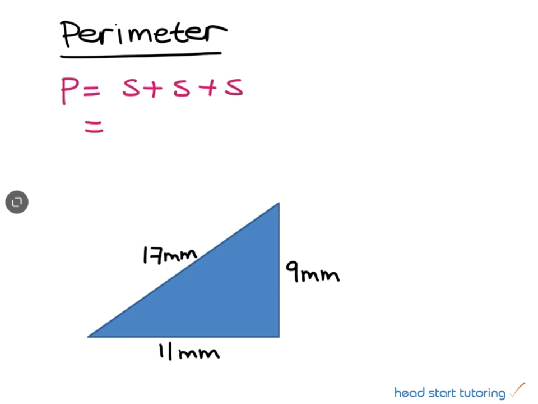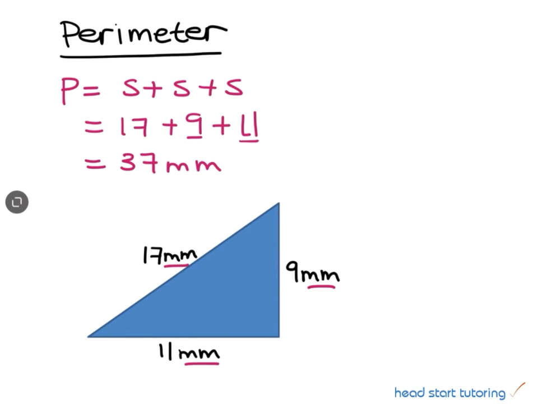So if we would like to work out the perimeter of this triangle, we would add 17 and 9 and 11, and 9 and 11 together give us 20, so we would get an answer of 37, and then millimeters plus millimeters plus millimeters will just give us millimeters, no millimeters squared.